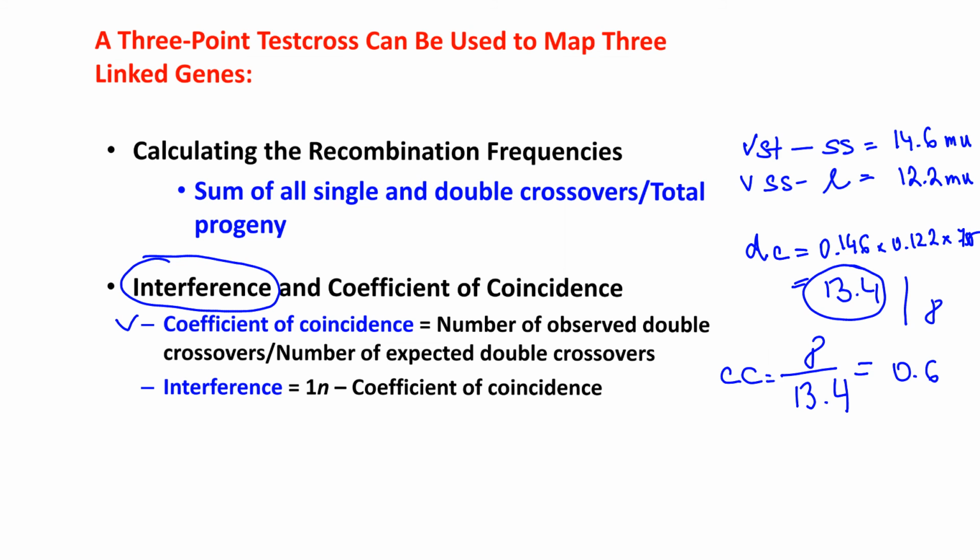Afterwards, once you have the coefficient of coincidence, you can calculate interference as 1 minus the coefficient of coincidence.